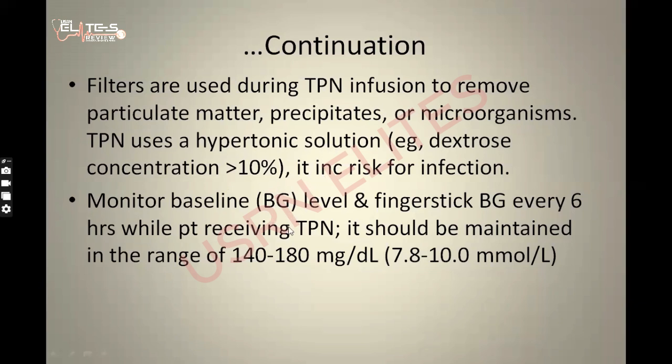Because of the concentration, the tendency for infection to develop is very high, especially around those central line sites. If care is not taken, depending on the nature of infection, it can develop into a systemic infection.